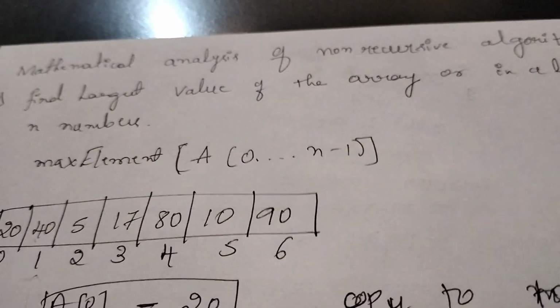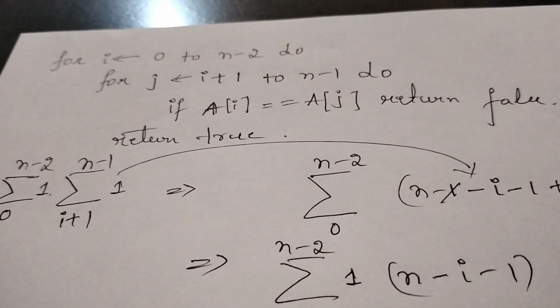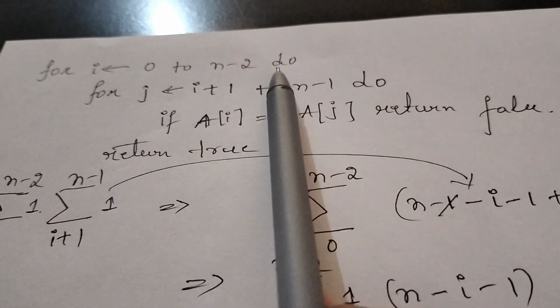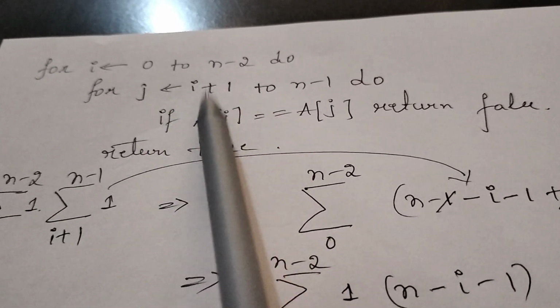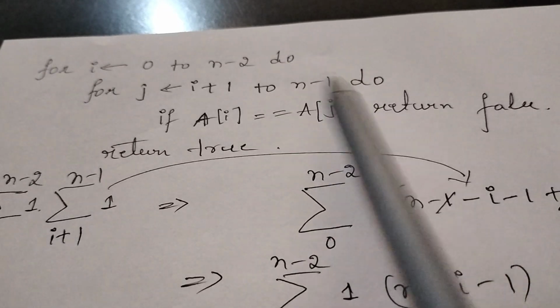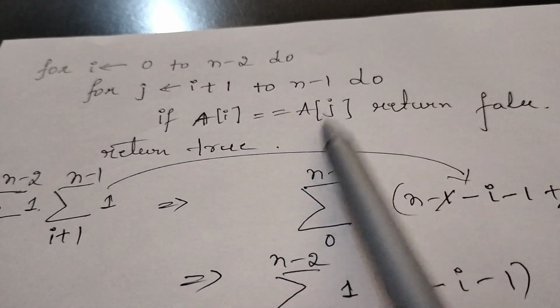Now let us write the algorithm for this. So the algorithm would be like this. You know that i value starts from 0 to n minus 2, and j value has to start from the index value i plus 1 to n minus 1. For each iteration, we are checking whether e of i is exactly equal to e of j.